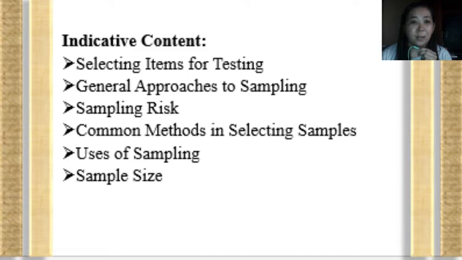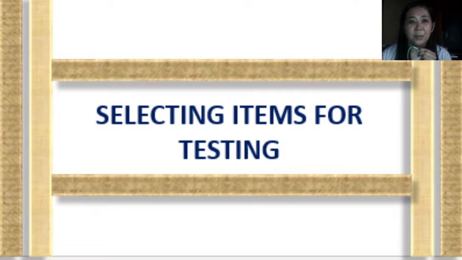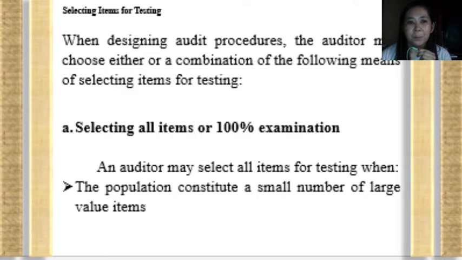For the contents, we have selecting items for testing, general approaches for sampling, sampling risk, the common methods in selecting samples, uses of sampling, and the sample size. To start with our discussion, let us discuss selecting items for testing.